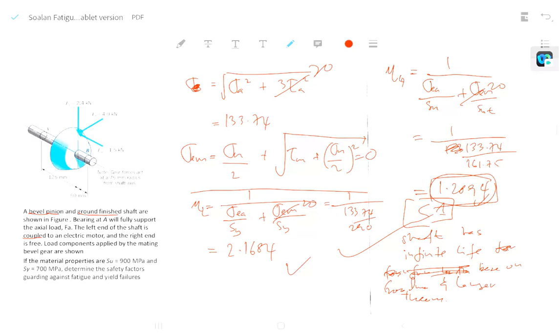Here there is another bevel gear, and the effect of mating the gears will cause the load on that bevel gear. If the material ultimate strength is 900 megapascal and yield strength 700 megapascal, determine the safety factors guarding against fatigue and yield failure.